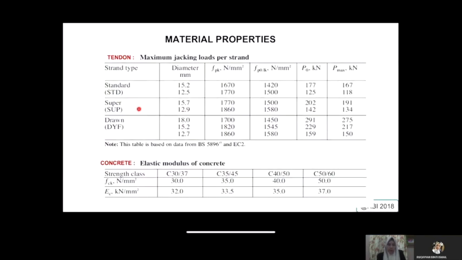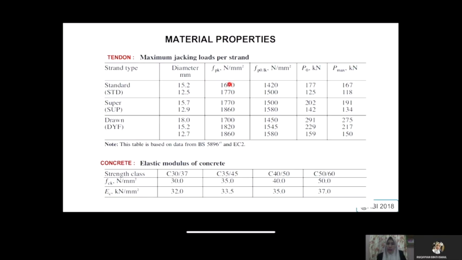You have standard, super, or drawn, with the acronym here. Then the diameter in mm, which is the sizes available. Every manufacturer will have different specifications of their tendon, with their own diameters and sizes.